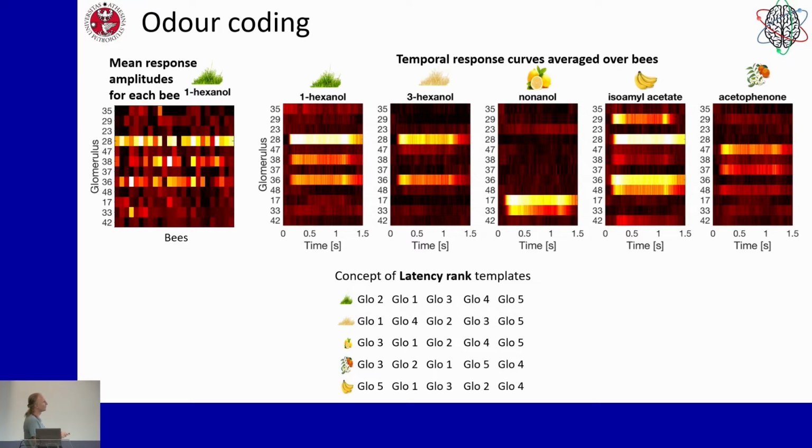So we do that for these averaged results, and we get what we call latency rank templates. For each of the odors, we have just an ordered number of glomeruli in the order they are activated. And we would like to know now, is this simply an arbitrary order that we find here, or is this something that repeats like that in each of the single experiments?